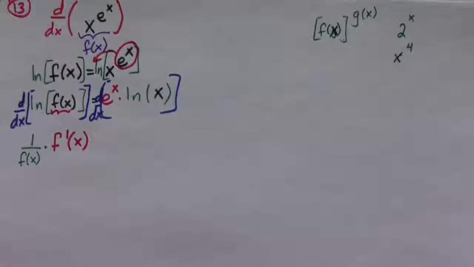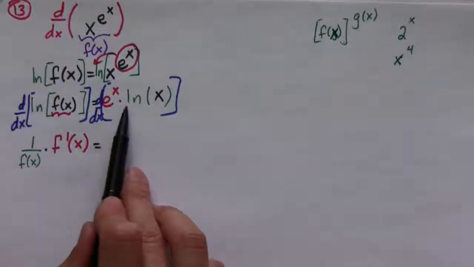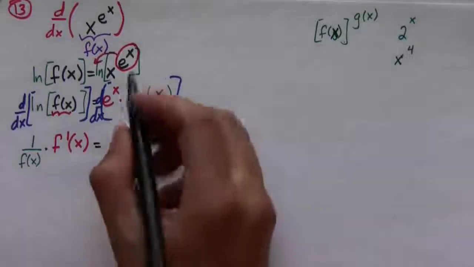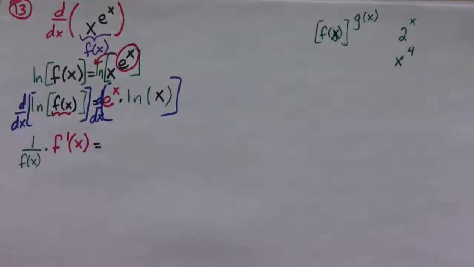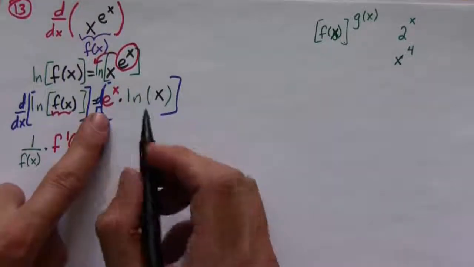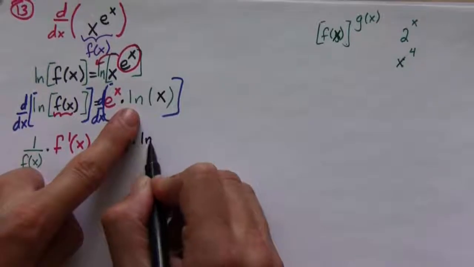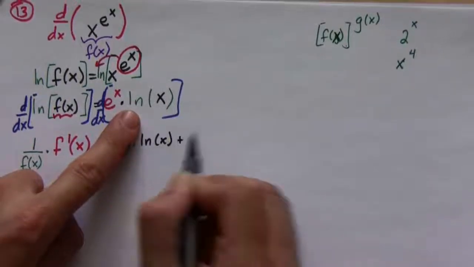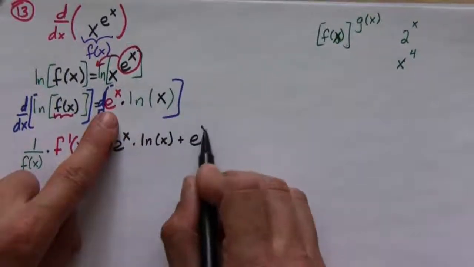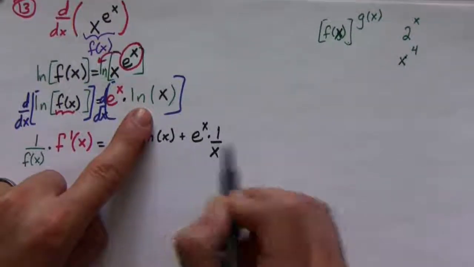That's what we're looking for. Now here, when I get the derivative of this function, I have to use the product rule, obviously. So the product rule tells me, get the derivative of the first, which is itself, times the second, leave it alone, plus the first, leave it alone, times the derivative of the second, which is 1 over x.